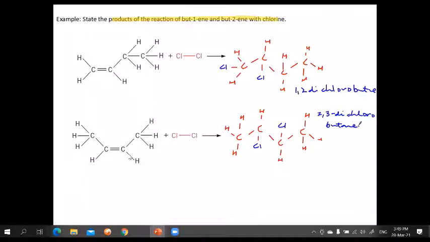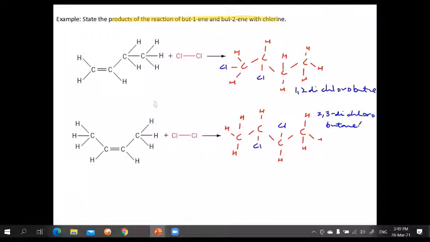Now this one, the second one, is slightly different. It's the same type of reaction as before, an addition reaction, because we're still breaking a double bond, and the chlorine is again added across the double bond.